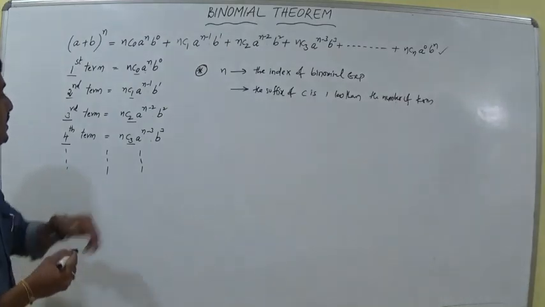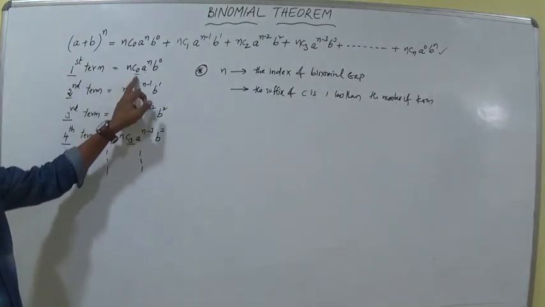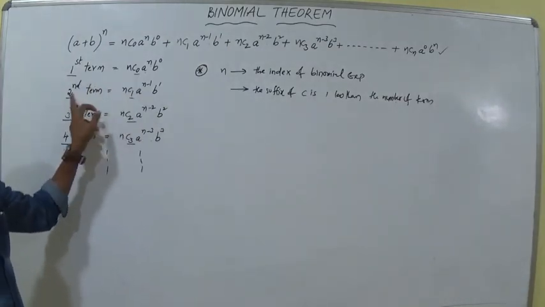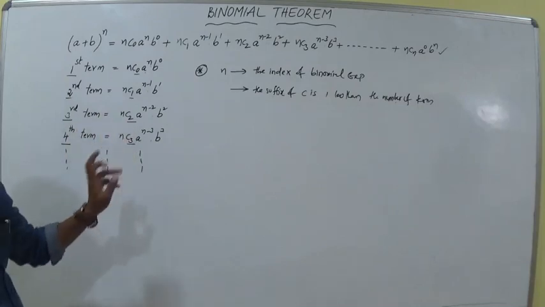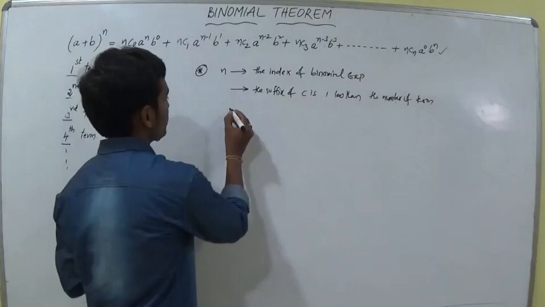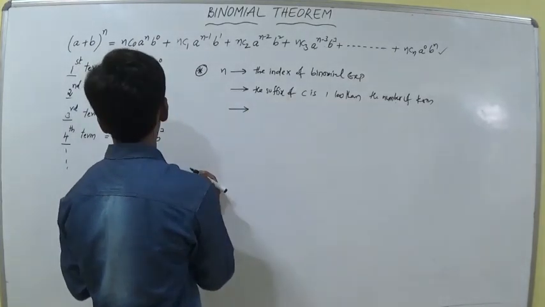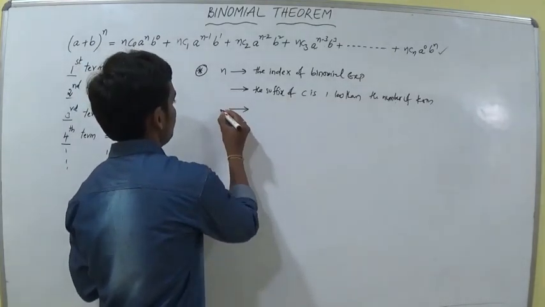For example, the first term: 1 minus 1, 0. Second term: 2 minus 1, 1. Third term: 3 minus 1, 2. Now we are observing the powers of a.